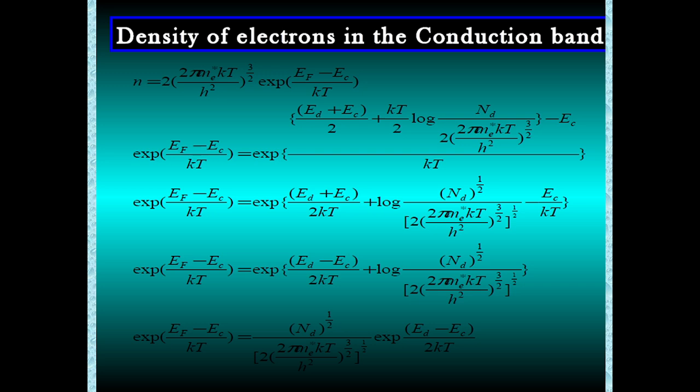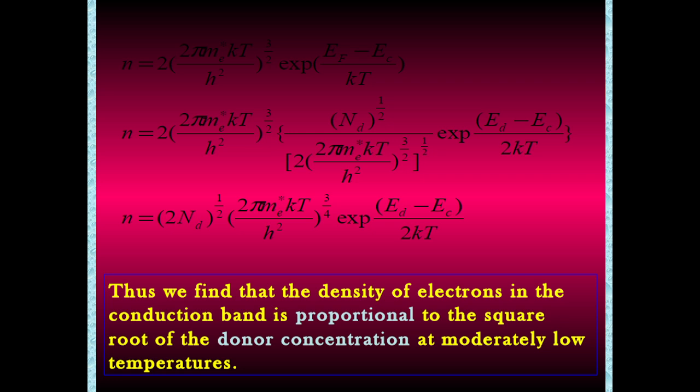By using logarithmic calculation and rearranging, we get the final value. Finally, n = 2 Nd^(1/2) (2πm_e kT/h²)^(3/4) exp((ED − EC)/2kT).